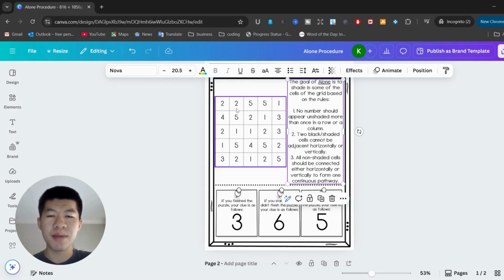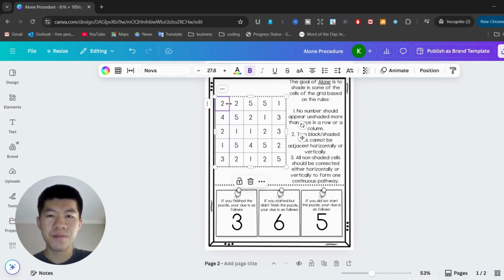Like I mentioned earlier, there are two twos and two fives here. I'm just going to start with the twos. One of the twos should be shaded, either this two or this two. If I look in the columns here, I see there are two twos here, and two twos here.